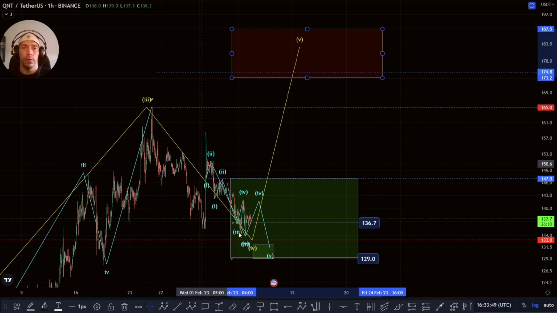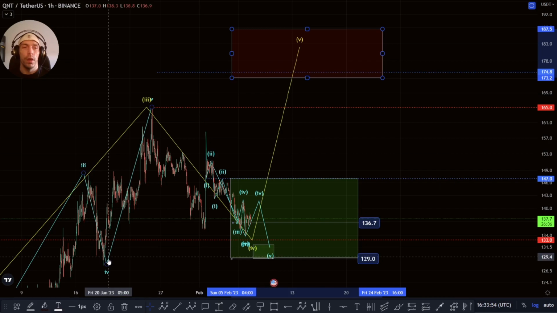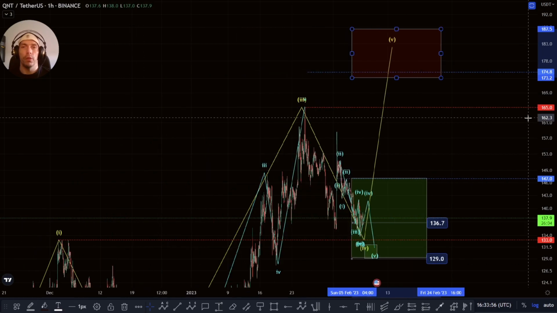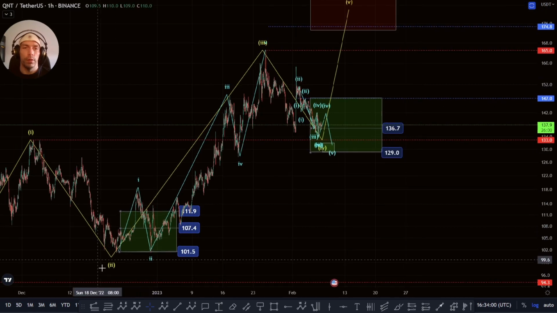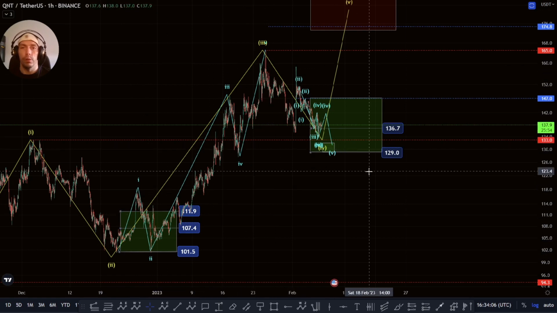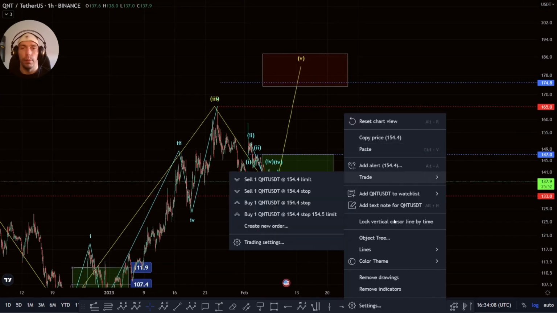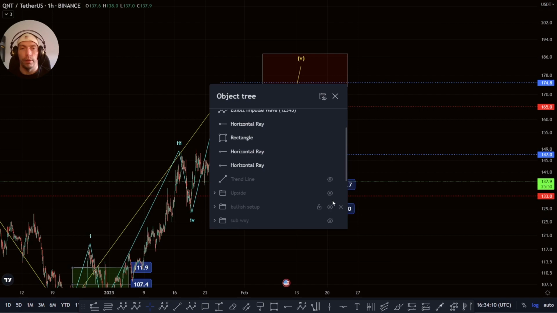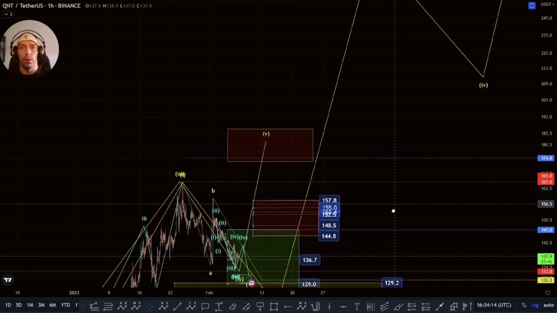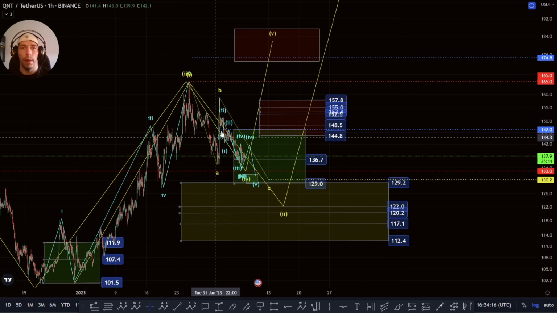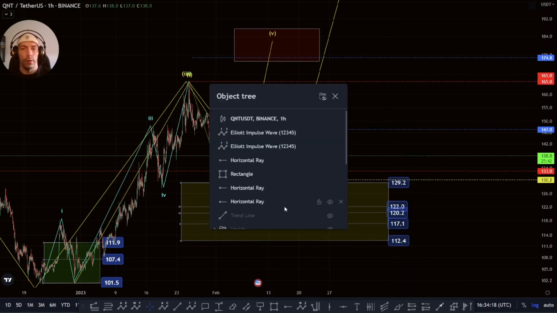And we'd have to be a little bit careful with this, because if we do start to move much higher than this area, we can argue that maybe we have an extension in here where we actually have this extending within the waves here. That would look something like this, but there is nothing like this guaranteed yet. So if we do move up higher, actually, sorry, that is the wrong one.